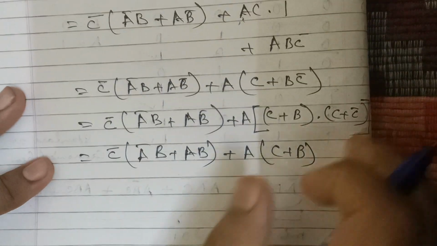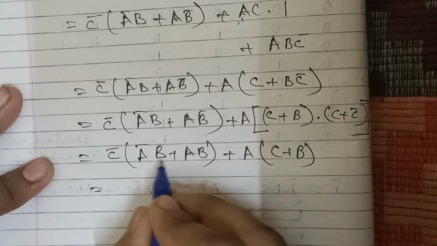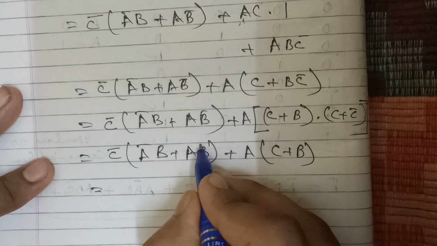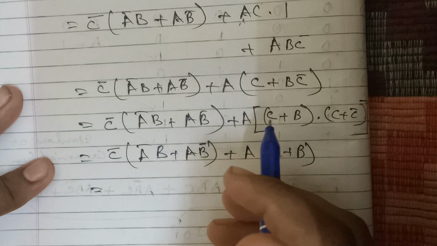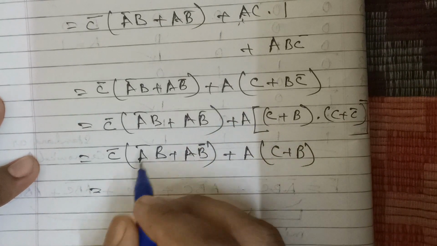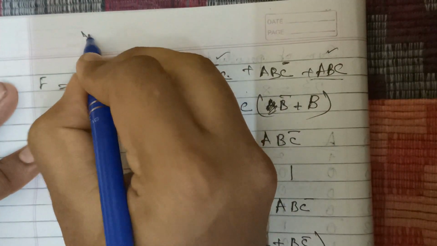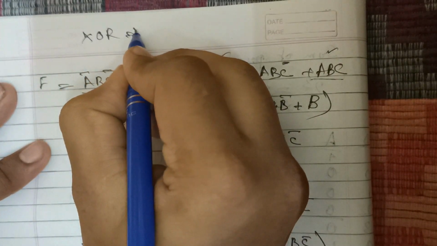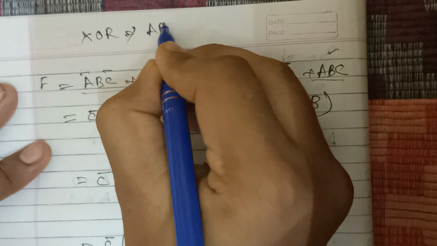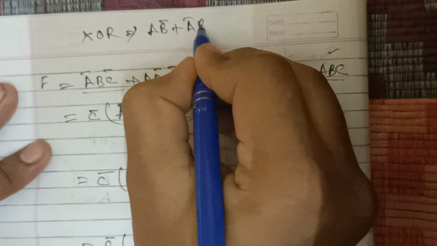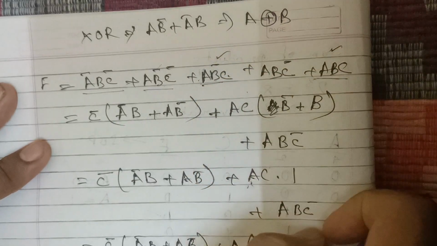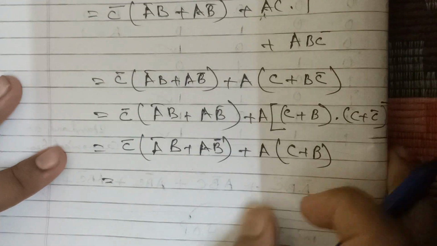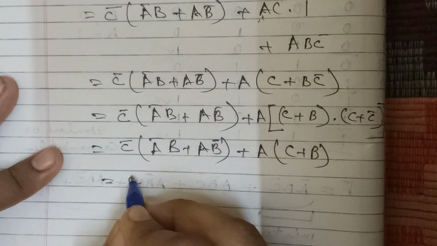Now we can write this value in the form of XOR. For XOR we have the expression A B bar plus A bar B, which can be represented as A XOR B. So already we can see that we are reducing the gates.